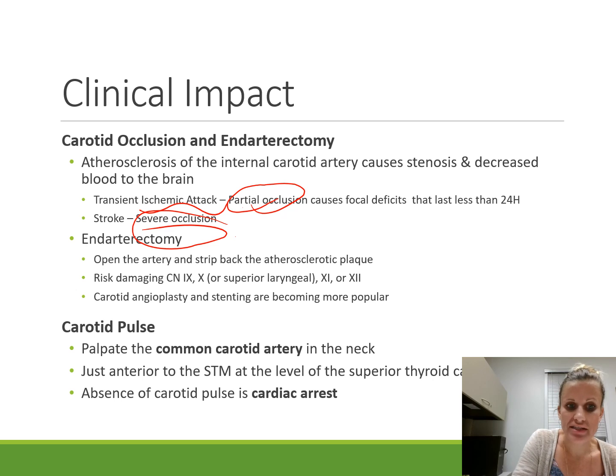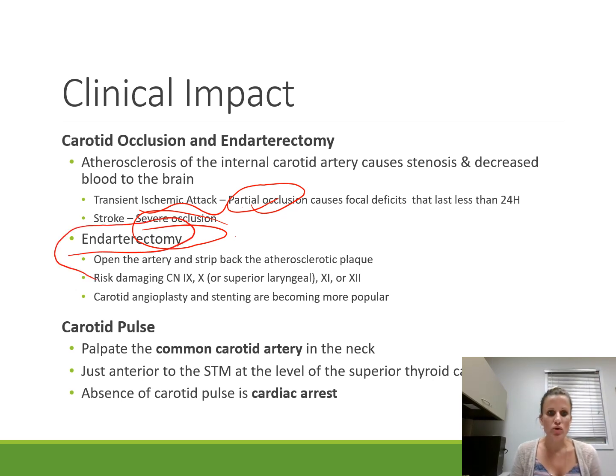An endarterectomy is when you open up the artery and literally scrape it off. You strip back all of the atherosclerotic plaque to try and restore blood flow. This used to be the go-to, but now we're starting to implement carotid angioplasty, which, remember, was when we brought the balloon in, and the balloon expands and squishes the plaques to the side.